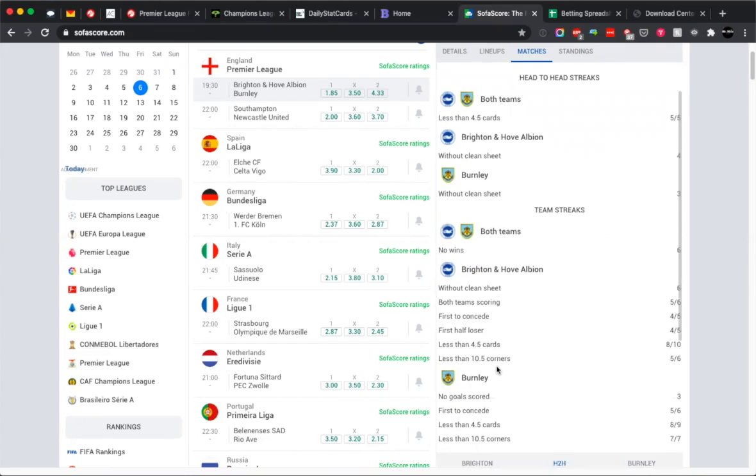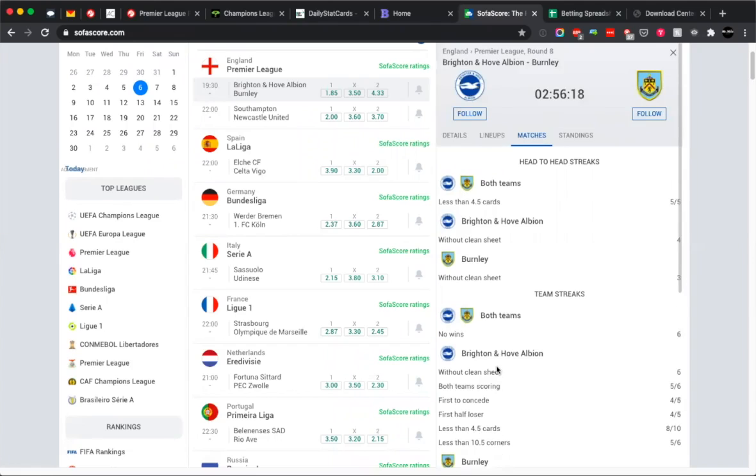And Burnley has had less than 10.5 corners in 7 of their last 7 games, which is a record in and of itself. So what we look for using SofaScore is any time there's a team streak that has to do with corners, then we try and dig deeper.